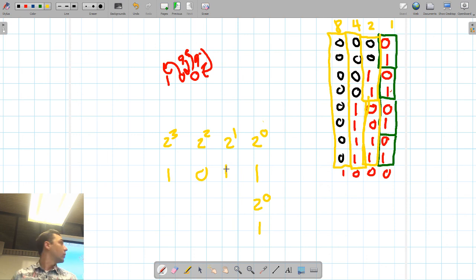This 1 is worth 2 to the 1, which is 2. This 0 is worth exactly 0. It's not worth anything. And this 1 is worth 2 to the 3, which is 8. So you add those up, and your end result is, I'm bad at arithmetic in the morning, 11.